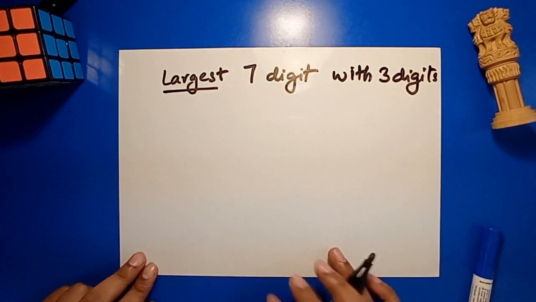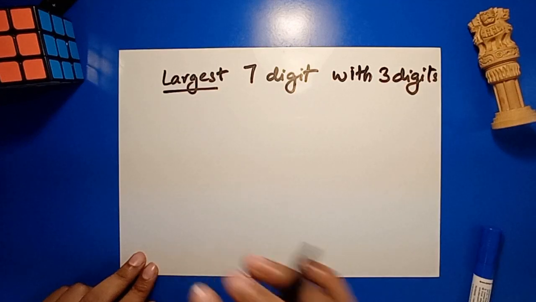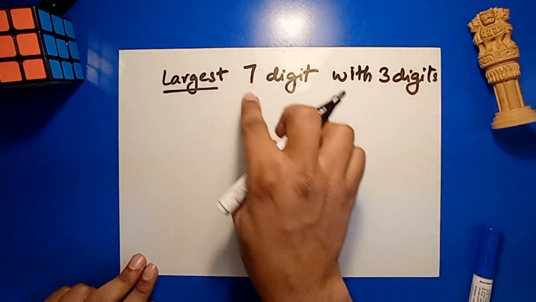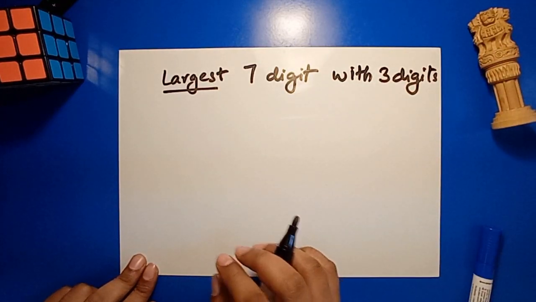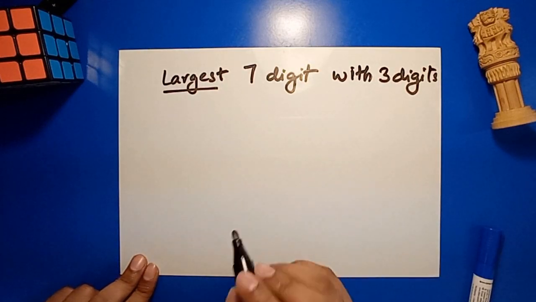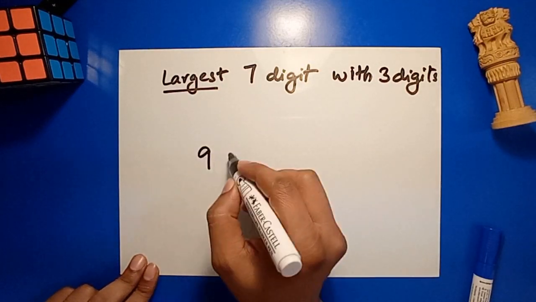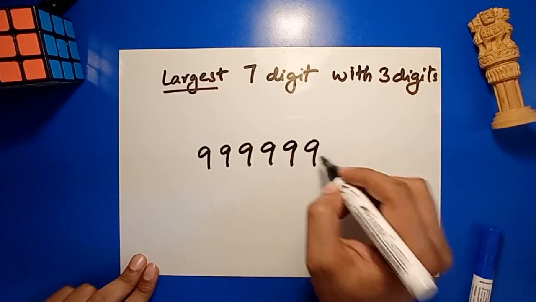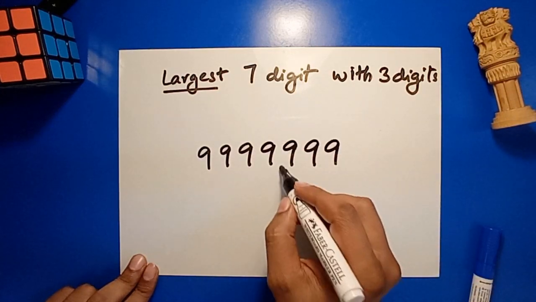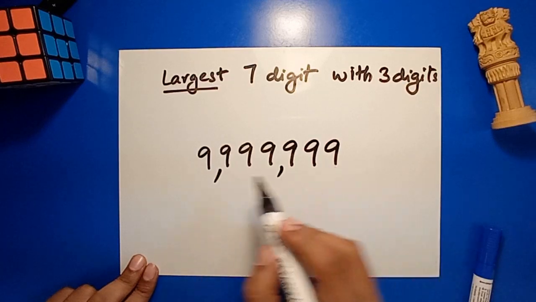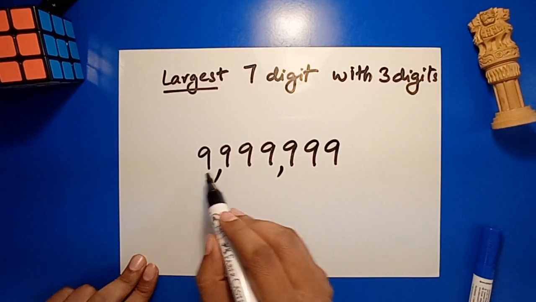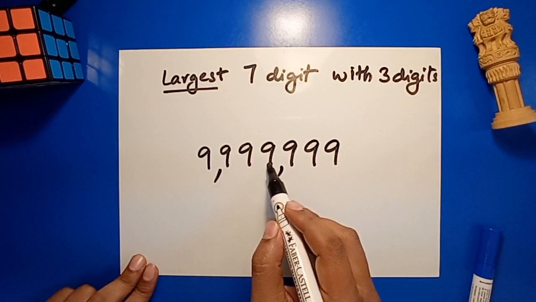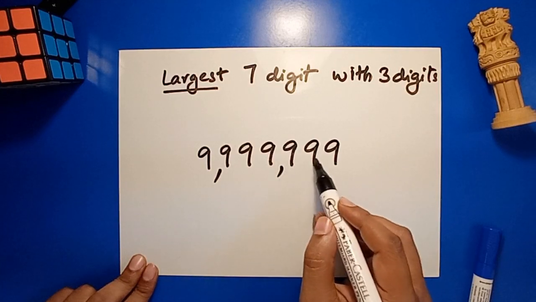And again, like the previous case, we will start with the largest 7-digit number. Easy peasy. What is the largest 7-digit number? All places occupied by 9, because 9 is the largest digit. So what is this number? 9,999,999.